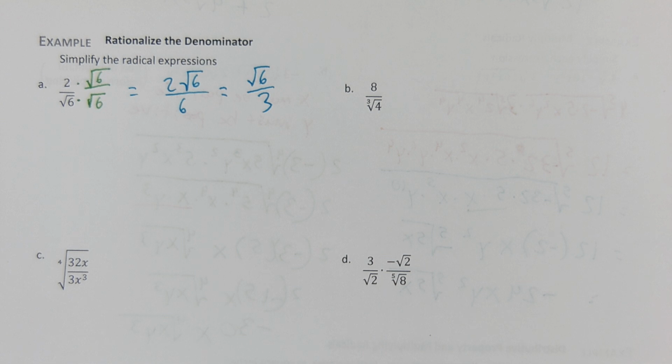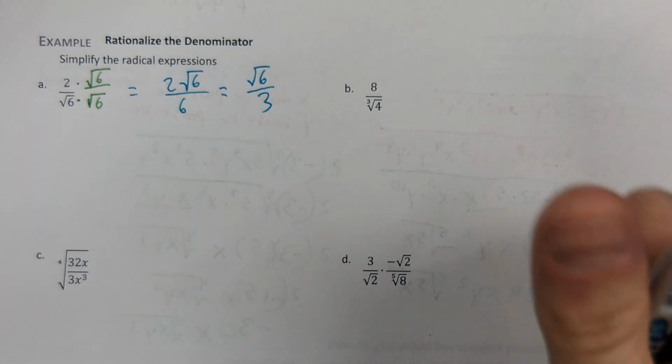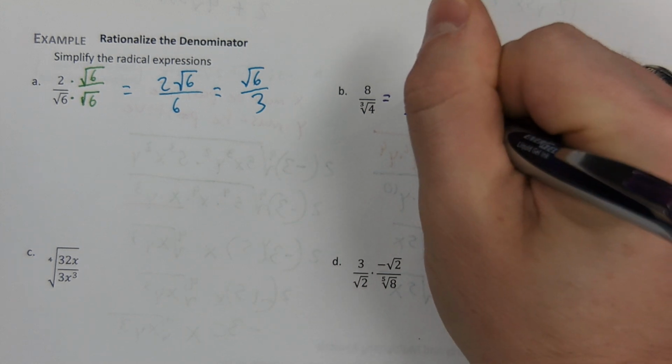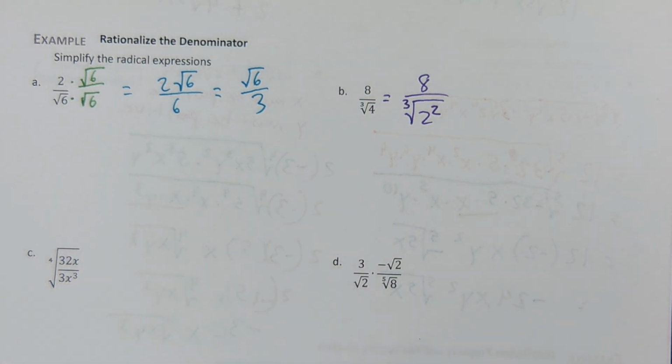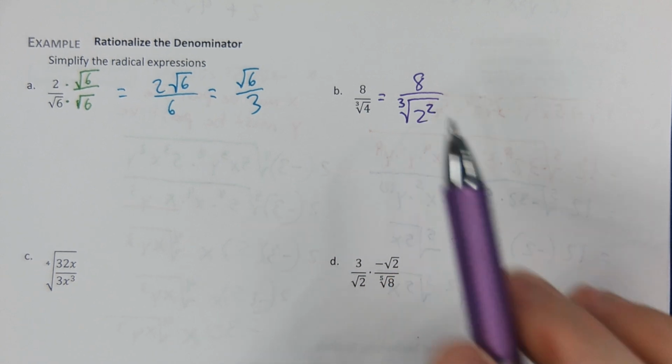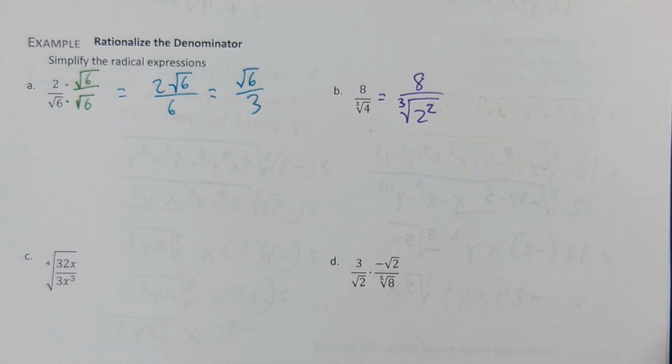What do cube roots cancel? Third powers. Yeah. Cube roots cancel third powers. You know what's special about the number 4? It's a square. Third roots cancel third powers. That's almost a third power. If only it had one more 2 down there, right?